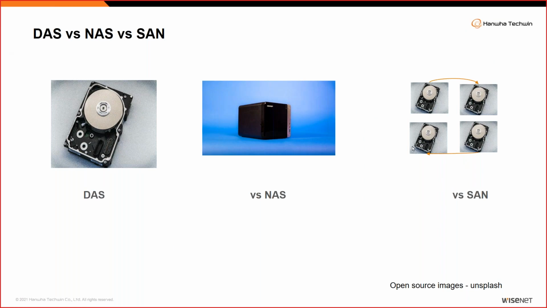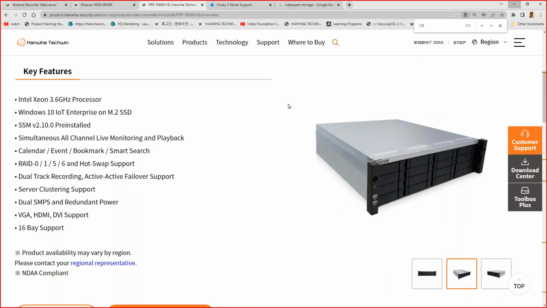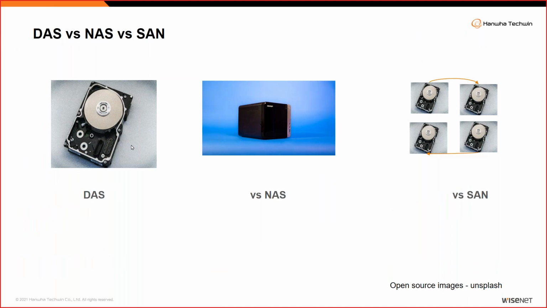SAN is, let's see the benefit. DAS is much faster, right? DAS is directly attached. For example, if you do a file transfer in your laptop, it's very fast. But if you plug in a USB or external storage, it is a bit slower. That is equal to NAS.